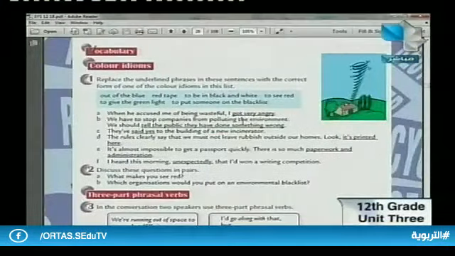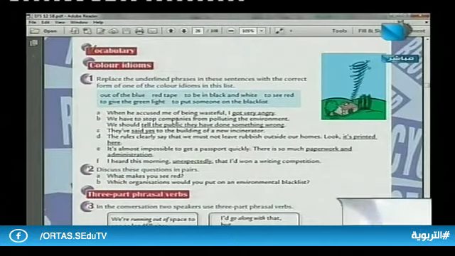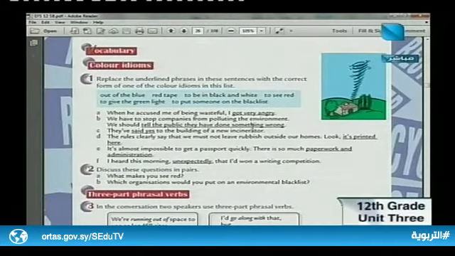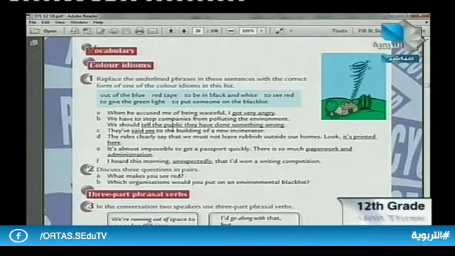What about the next one, Mr. Qutayba? The sentence says, we have to stop companies from polluting the environment. We should tell the public they have done something wrong. Here, according to the sentence, telling the public that they have done something wrong means to put them on the black list.